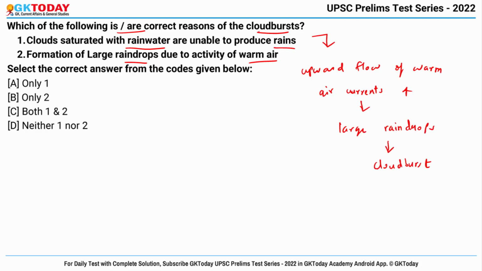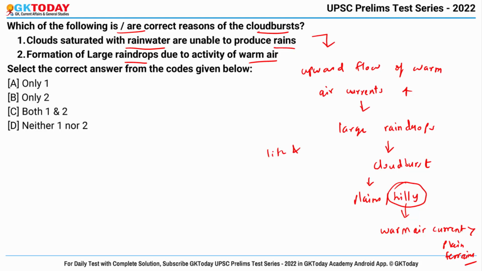Okay, so this phenomenon occurs in plains as well as mostly in hilly areas. But however, hilly areas favor the upward movement of warm air current more than the plain terrains. Also, the phenomenon is counted only when it leads to large scale loss of life and property, and the probability of this happening is higher in the hilly states.